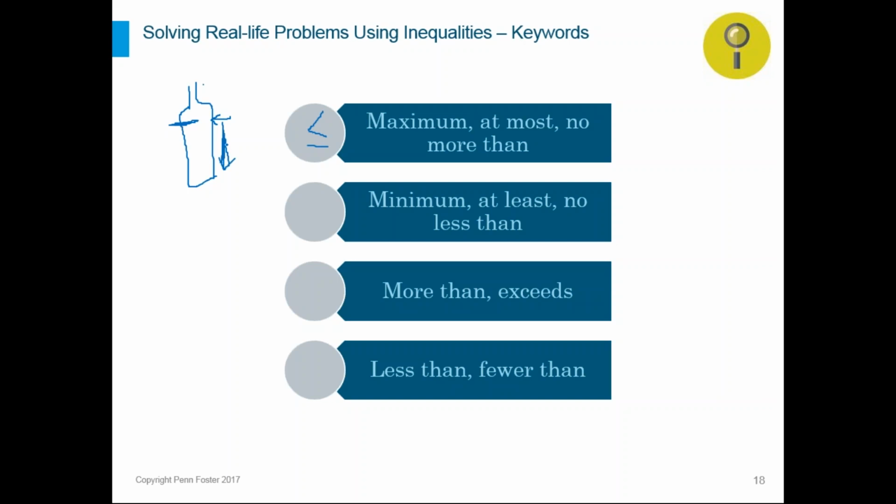That's how you would interpret the keywords and decide which sign you will use. Minimum, at least, or no less than means that the lowest value would be here, but everything above would be okay. So that's why we're going to use greater than or equal.